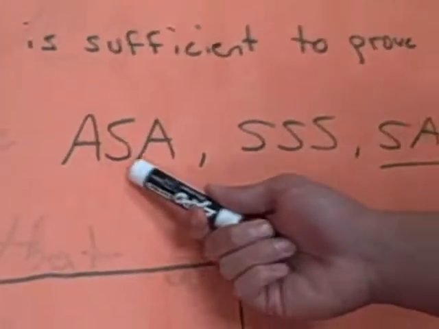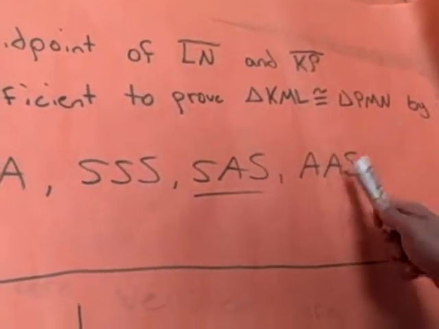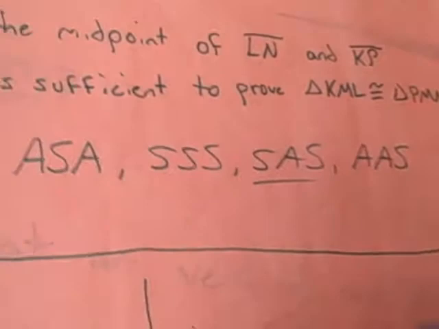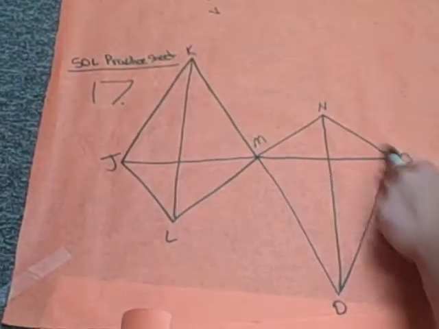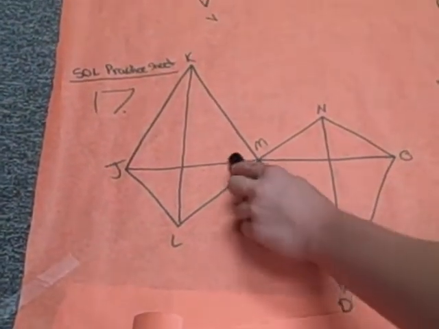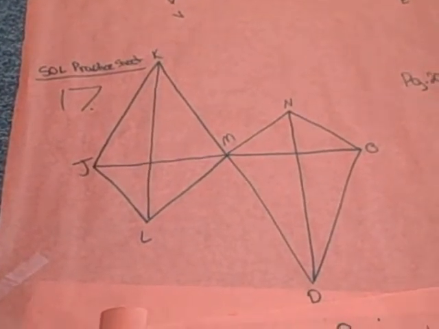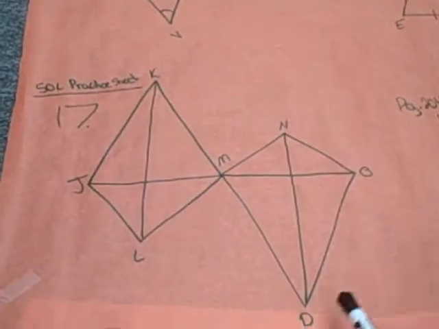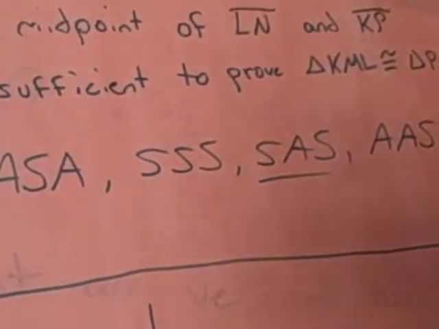These are your options: angle, side, side; side, angle, side; angle, side, angle; side, side, side. You can tell by looking at it that it will be side, angle, side because it has two congruent sides and they share a common angle. Well, they don't have to share that one. They can have alternate interiors in a few different places. So side, angle, side is the one that you want to go with.